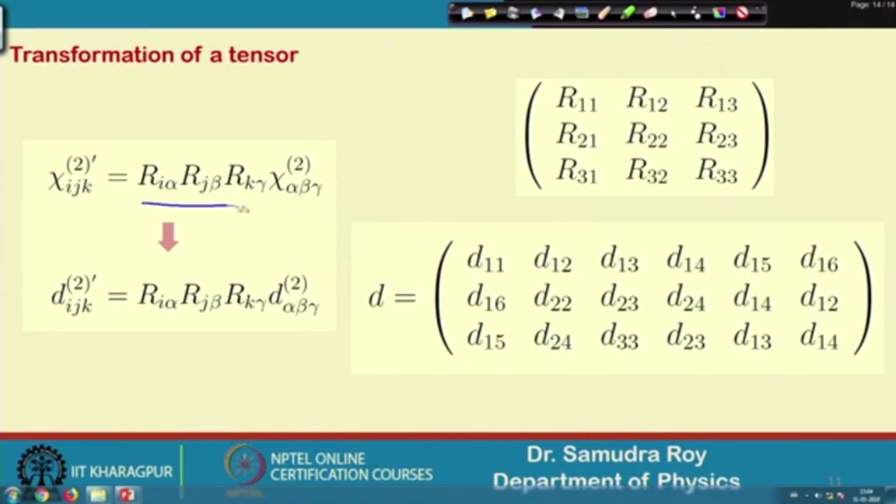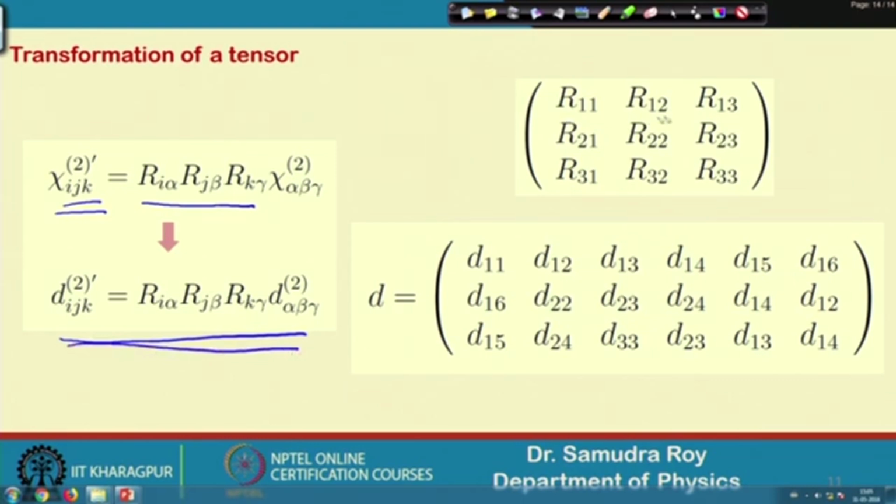The i j k component in the prime frame can be represented as R i alpha, R j beta, R k gamma, times the alpha beta gamma component. So, this is the rule of change of a tensor under some kind of symmetry operation, where R is the operation matrix. If the i j k component of the susceptibility tensor changes in this way, then the tensor can be changed in a similar fashion.